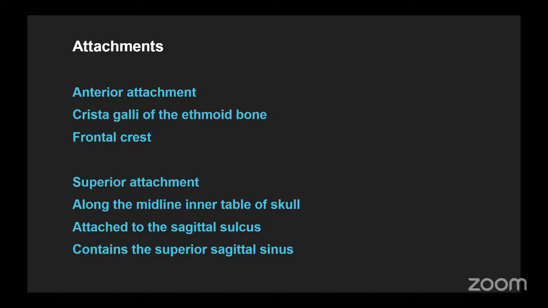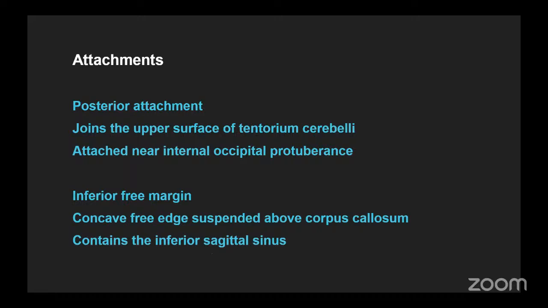Superiorly, it is along the midline inner table of the skull, and the sagittal sulcus contains the superior sagittal sinus. Posteriorly, it joins the upper surface of the tentorium cerebelli. I'm going to show you the images so that it's clearer, and it attaches near the internal occipital protuberance, which is the posterior most edge. And it goes like this.